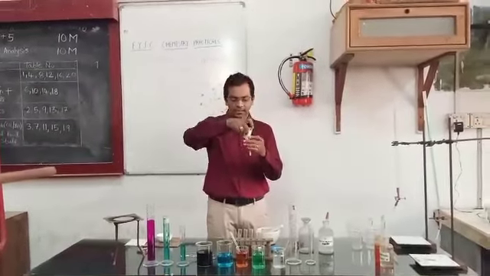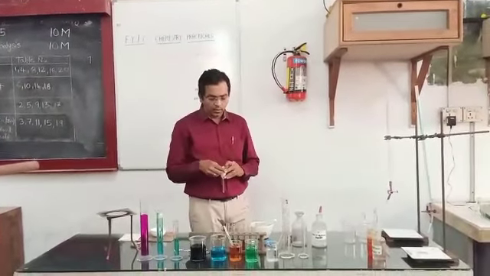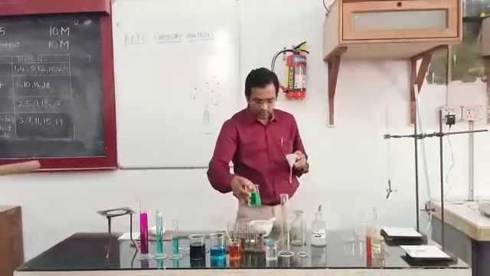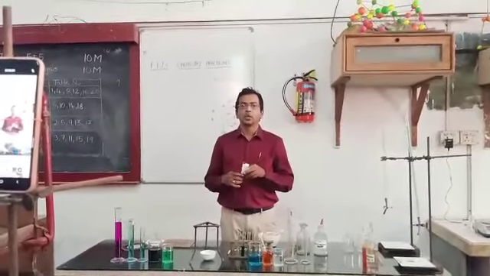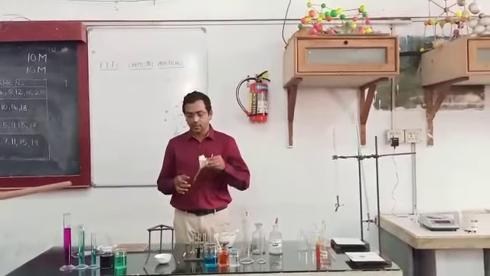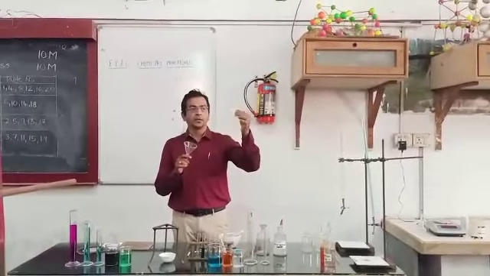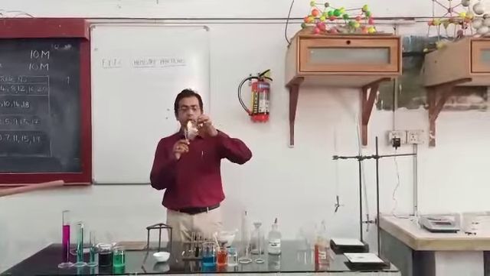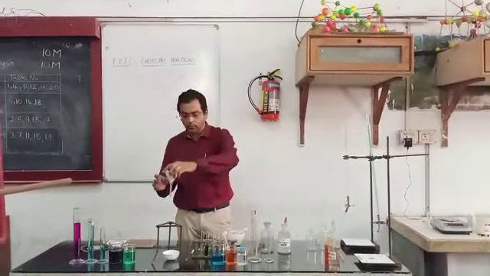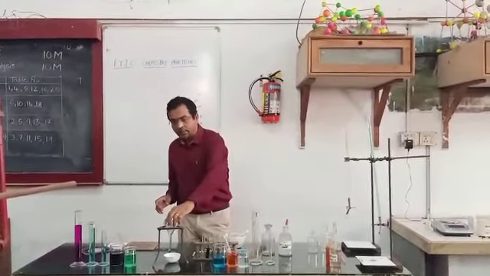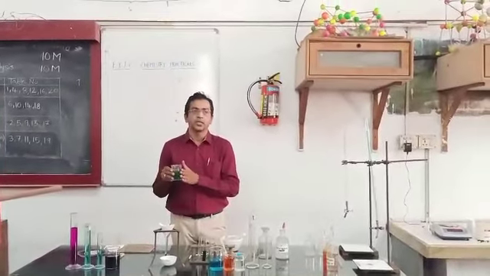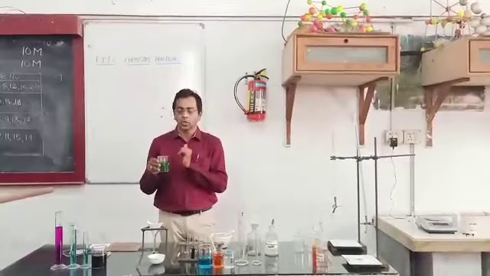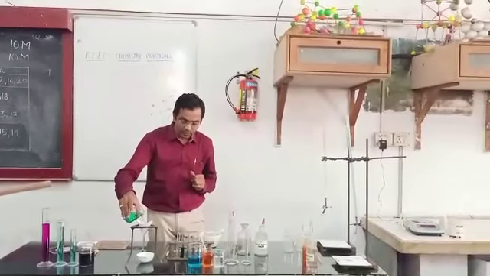You have to keep it like this, and then filter the solution. Suppose you have a solution in which insoluble impurity is present. You can make the cone of filter paper and keep it like this on a tripod stand, and then suppose this is my solution in which impurity is present in insoluble form, I can filter it this way.